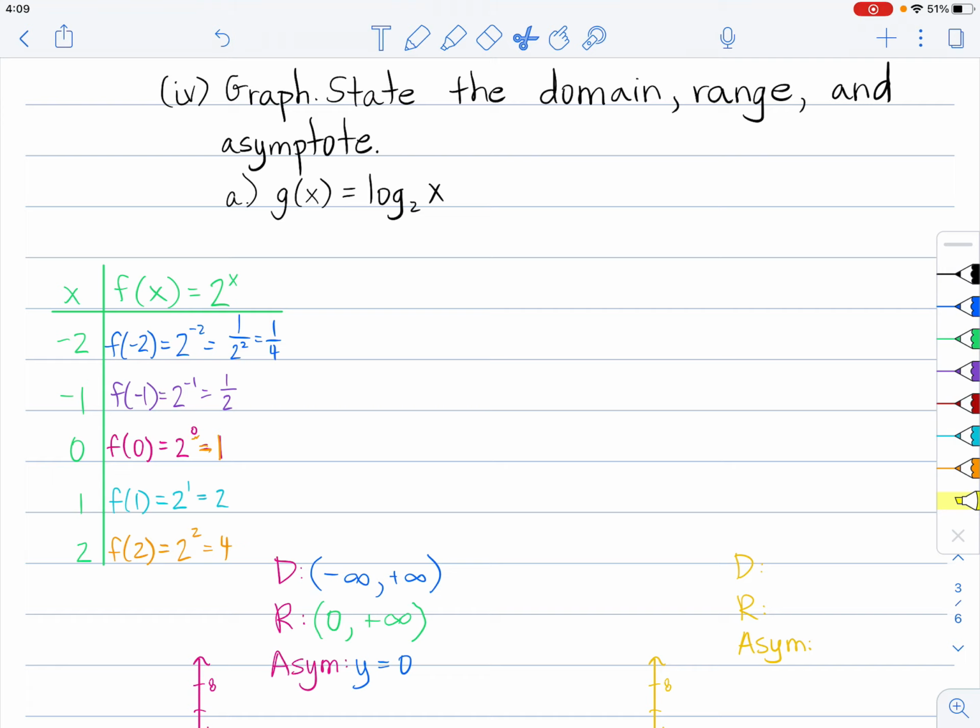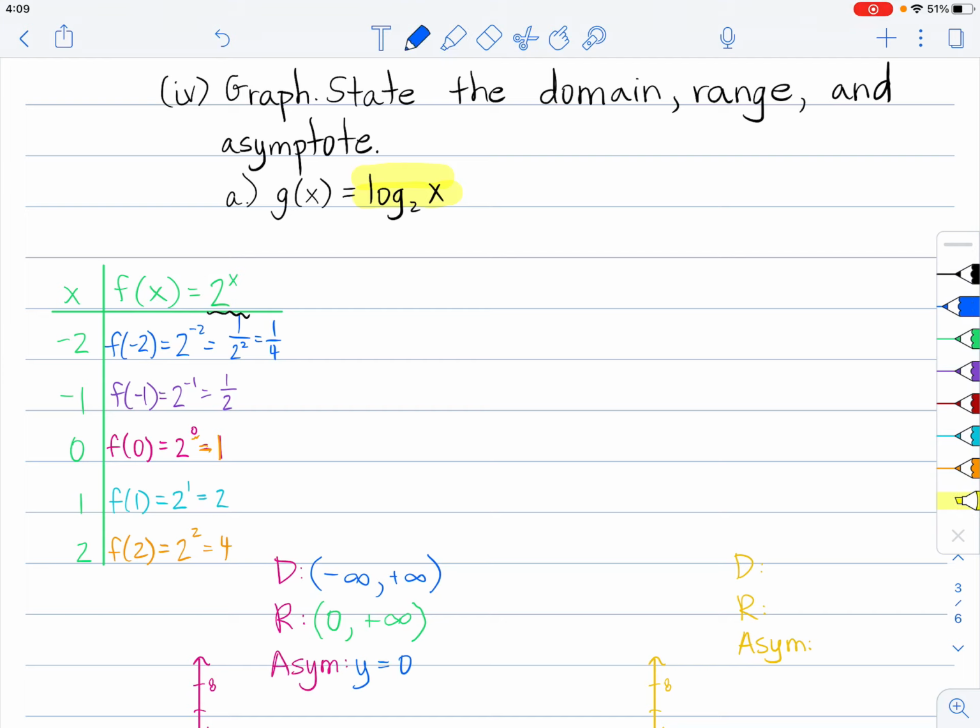I said earlier that exponential functions and logarithmic functions are inverses. So 2 to the x is the inverse of log base 2 of x.